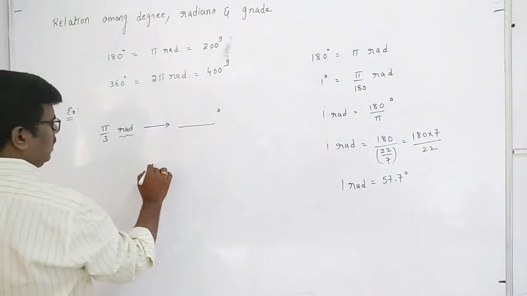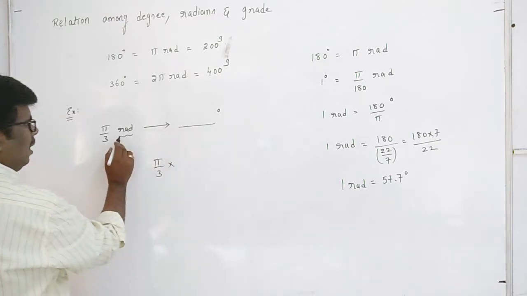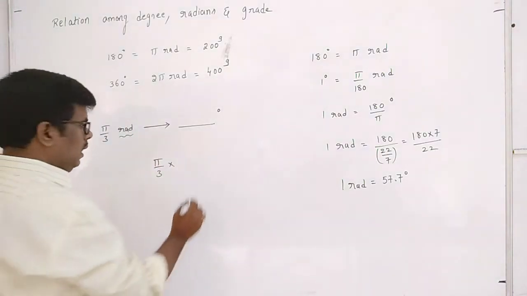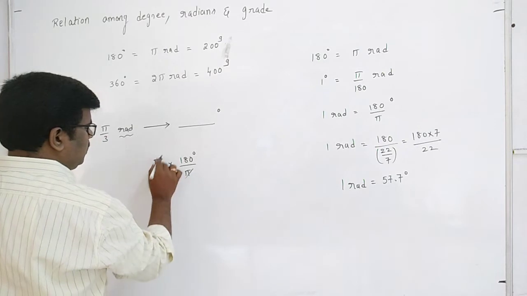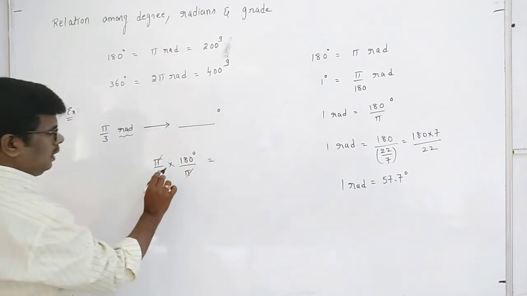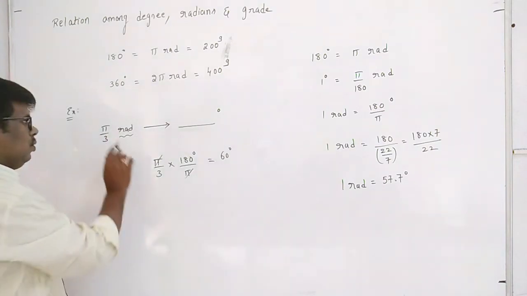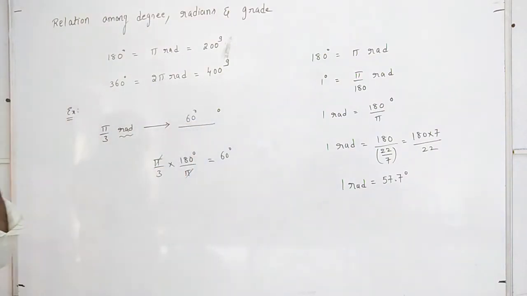Therefore pi by 3 into 180 by pi, then 180 degrees by pi means here 180 by 3, that is 60 degrees. So pi by 3 radians is 60 degrees.